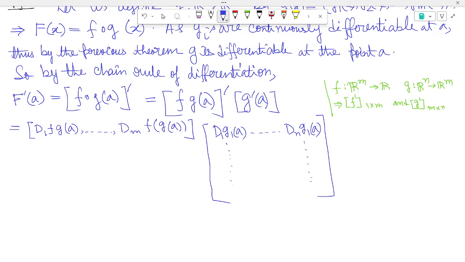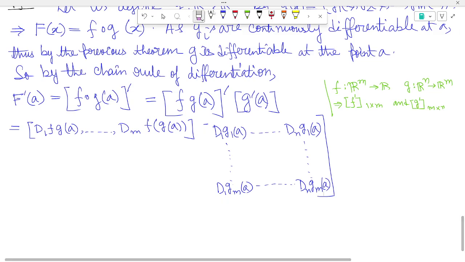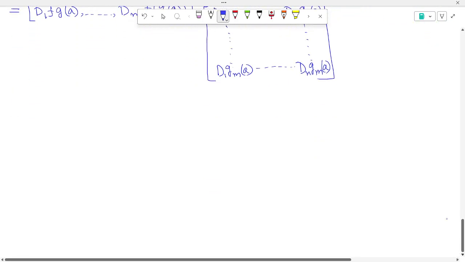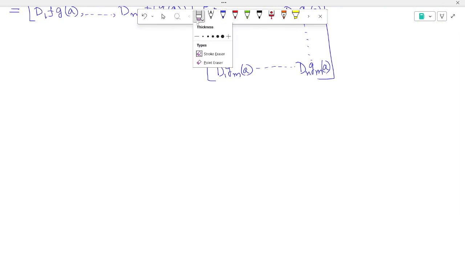Again, it will be m comma 1, but it will be reverse: D1 gm A, and similarly Dn gm A. Fine. So if we multiply them, no need to give commas, to be honest.